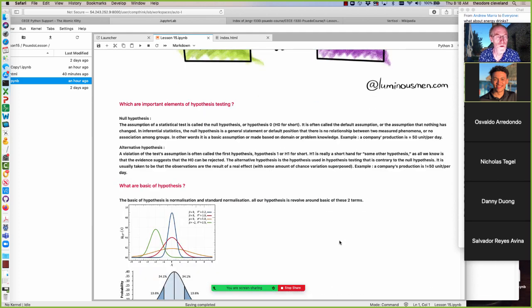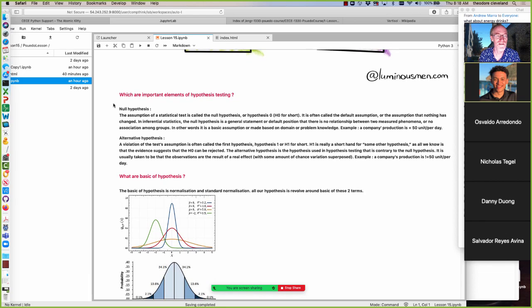Now, the important aspects in a hypothesis test are one assertion, which is called the null hypothesis, and the other assertion, which is called the alternative hypothesis. The null hypothesis, or the null assertion, is the default assumption. That might be the case where there's no difference.